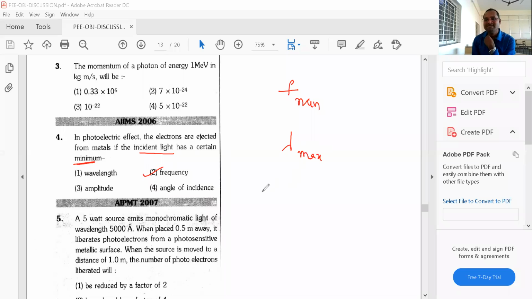This is the condition because the energy of incident radiation E can be written as hf or hc by lambda. Minimum frequency is required; more than that only we want. Otherwise the photoelectric effect doesn't occur. This is a law of photoelectric effect. You know this.